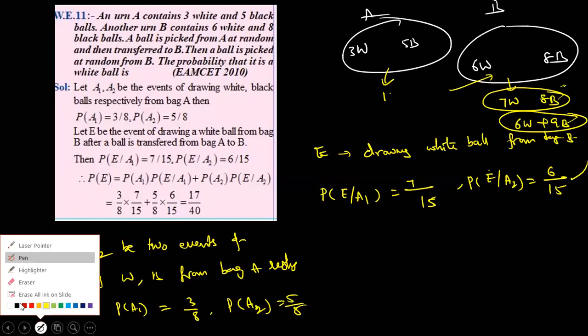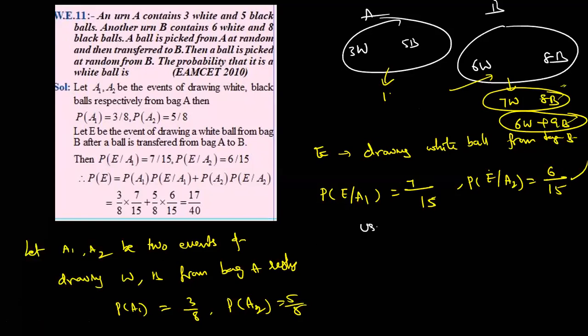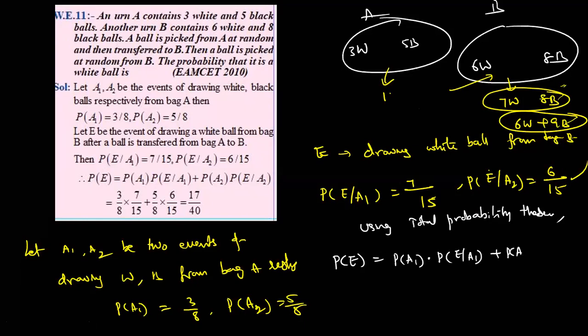Now using total probability theorem, we get, what is the formula? P of E is equal to, what is the P of E? What is the probability that it is a white ball? So that is P of A1 into P of E by A1, plus P of A2 into P of E by A2.